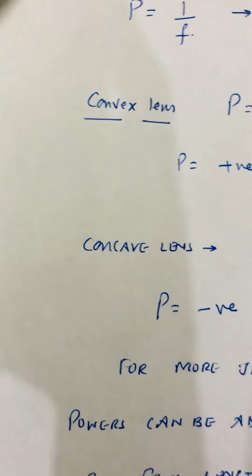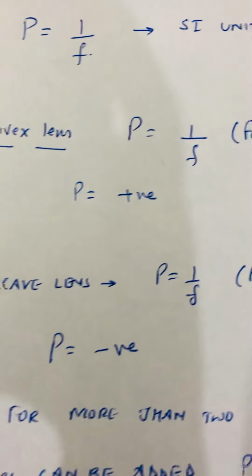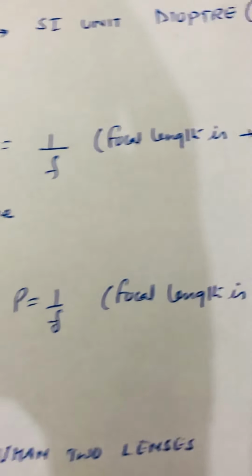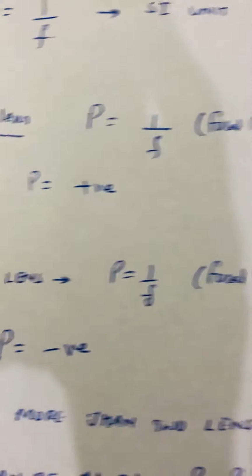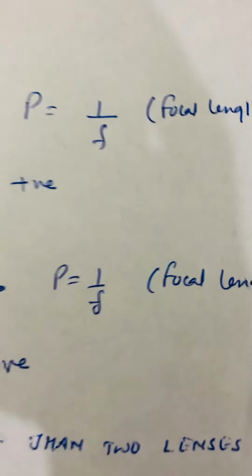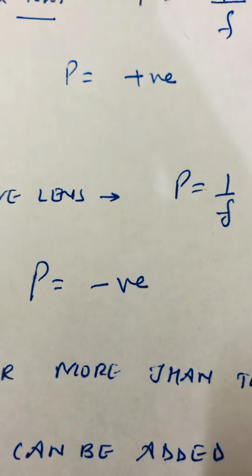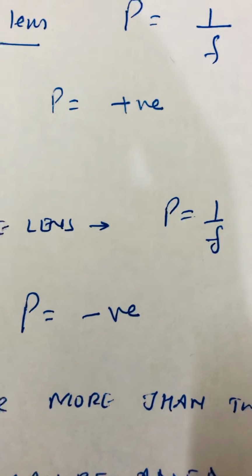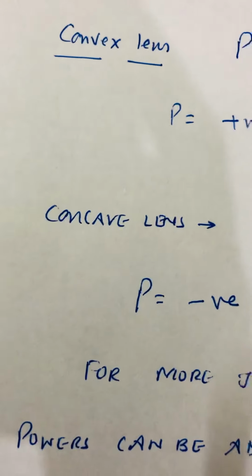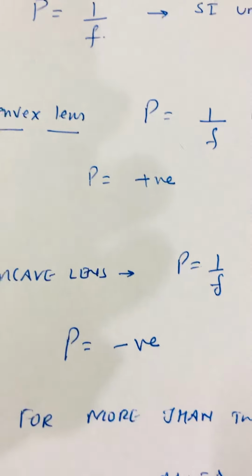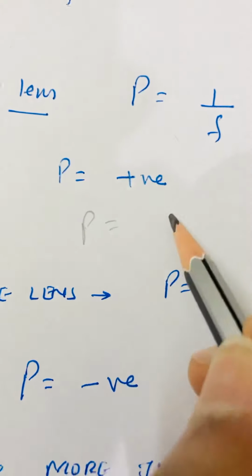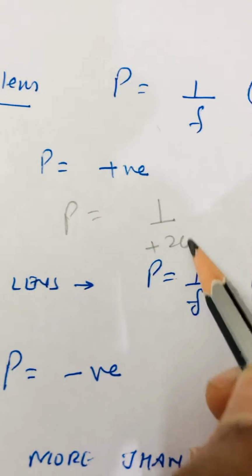Talking about convex lens, if you have to calculate the power of a convex lens, it has its focal length positive, hence the focal length taken as positive will produce a power which will be positive in value. For example, if you take a focal length of 20 centimeters for a convex lens, then the power calculated would be power is equals to 1 upon plus 20.